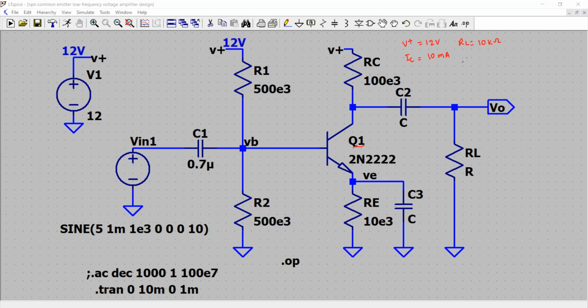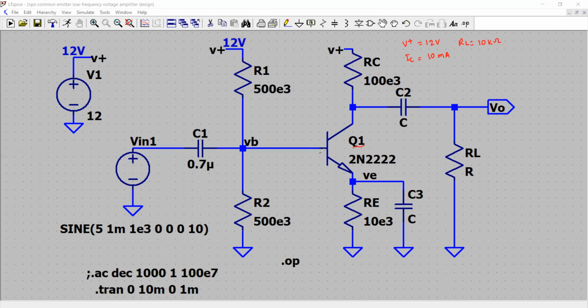Now we will see how to obtain the design equations, and step by step we will choose the component values, and accordingly we will see the operating points, all the DC voltages and currents in the circuit. We will make sure the transistor is biased in the active region.